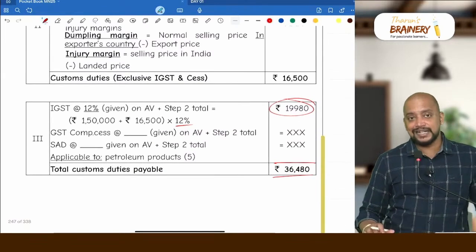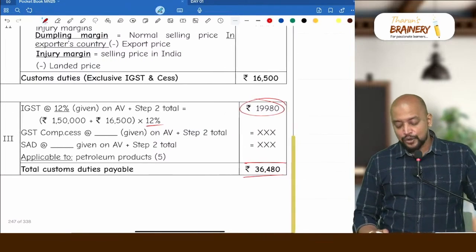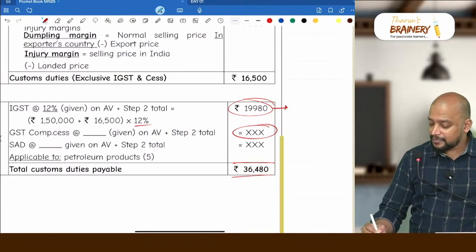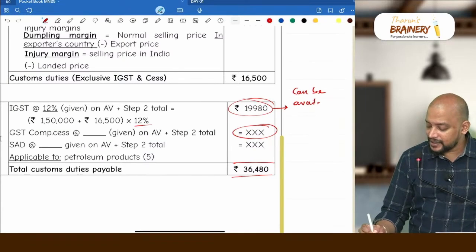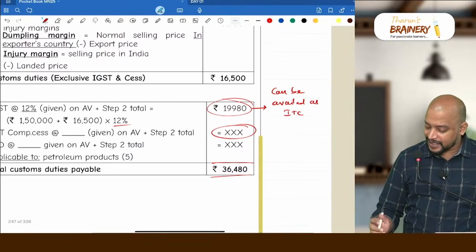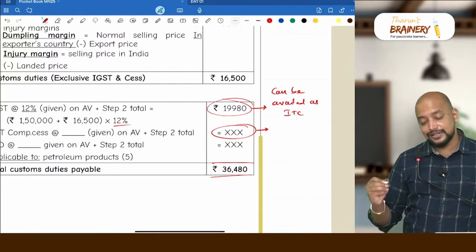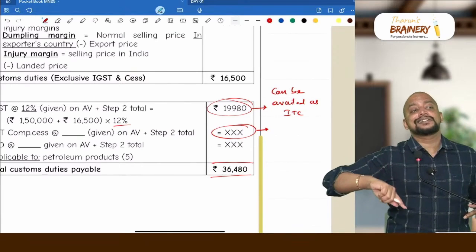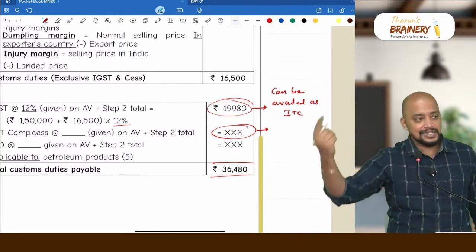Can this IGST be taken as ITC? Yes. Can compensation cess be taken as ITC? Yes. So it can be availed as ITC. This IGST can be availed as input tax credit. What about this compensation cess? Compensation cess also can be availed as ITC if there is compensation cess on output liability. Is it clear?